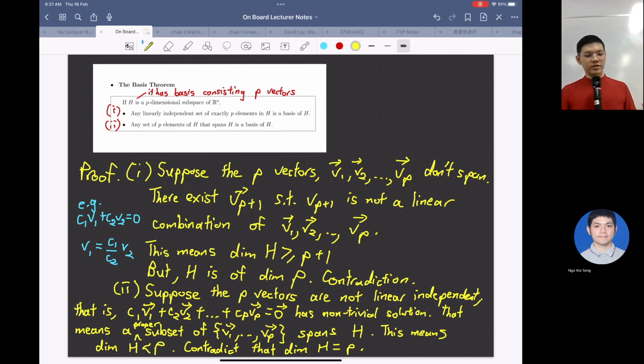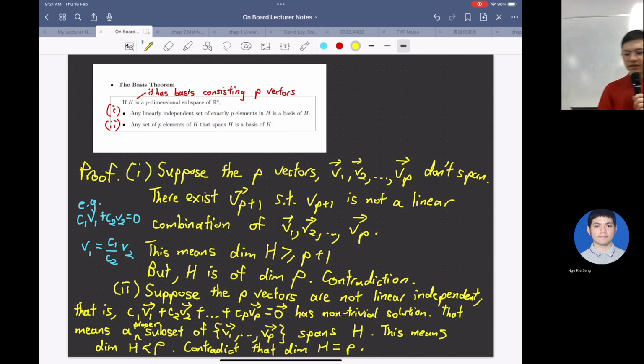So you can start with a linearly independent set and try to add more and more linearly independent vectors. But when do you know you want to stop? If you know the dimension of H, then you know that you will stop at the number P. You will stop after you obtain P linearly independent vectors.